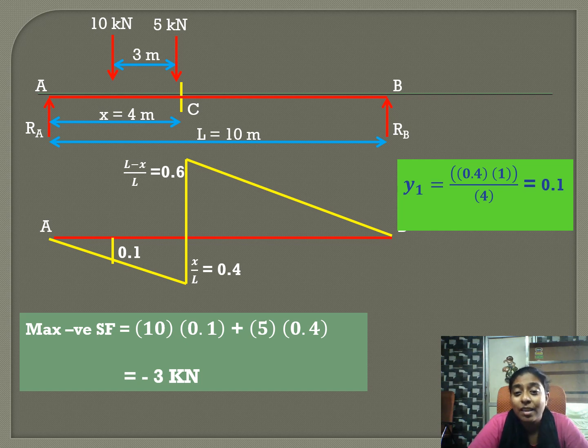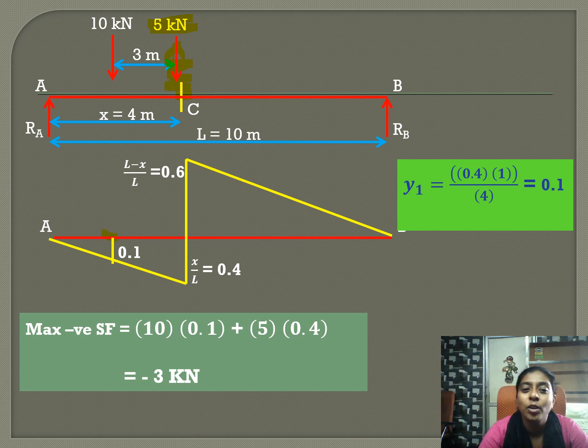Now it's our time to find the maximum negative shear force. For obtaining the maximum negative shear force, we are placing the leading load, that is the 5 kilonewton load, at C. So the 10 kilonewton load is 3 meter away from the 5.